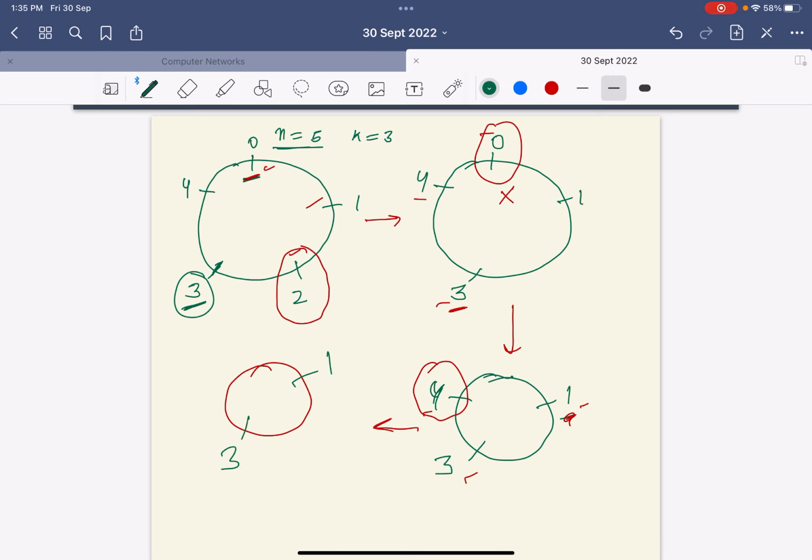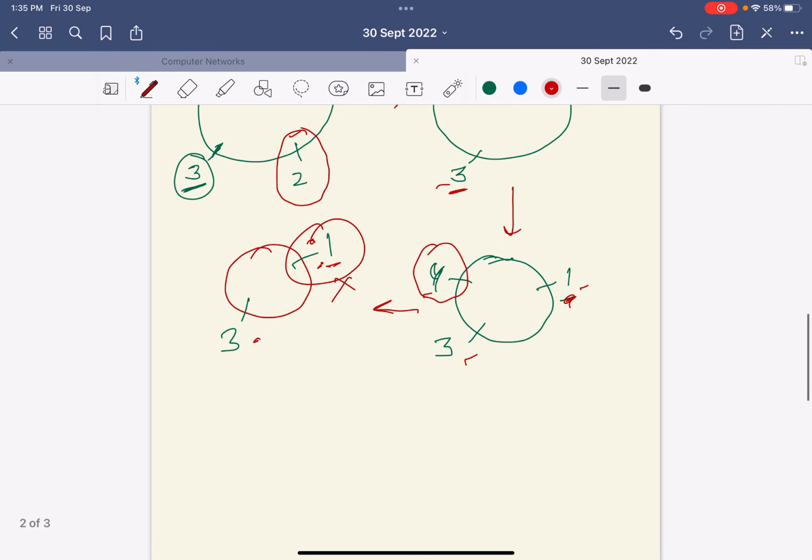And after that counting will start from 1, and if I count 3, 1, this is 2 and 3 again, this is 1. So this 1 will be killed and I will get 3 as the last person which is standing and which will be a safe person. So our answer is 3.